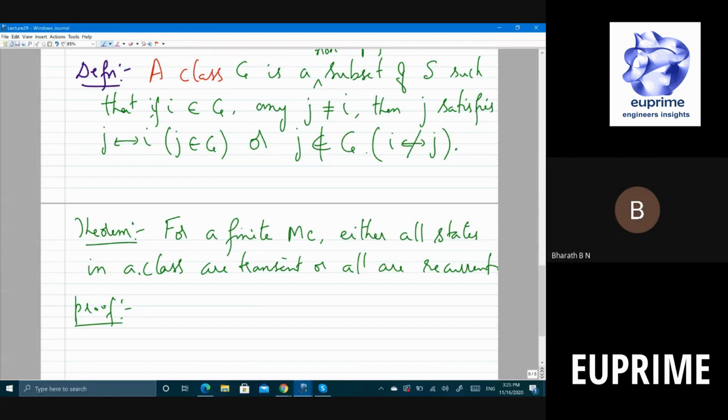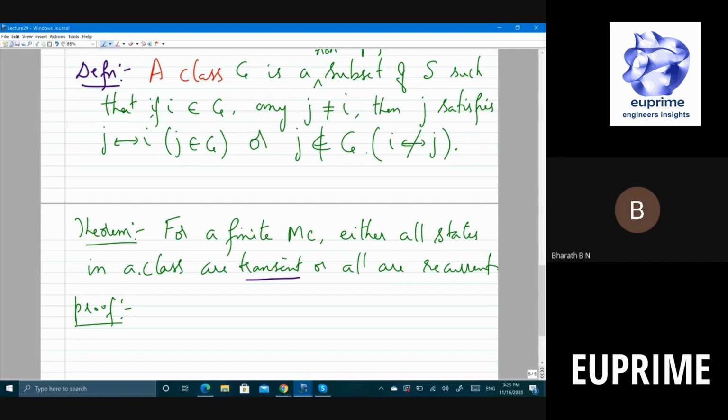So suppose one of them is recurrent, what is the definition of recurrent? If I can communicate with J, then J should be able to communicate with I.